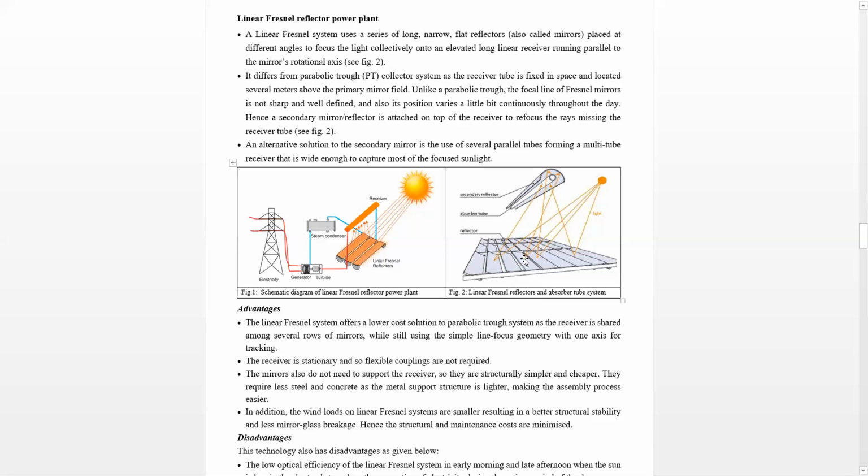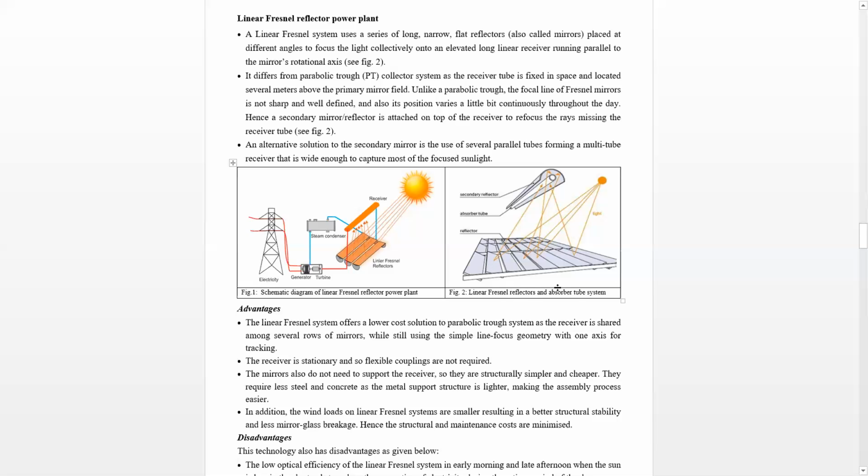Now if we follow the radiation reflected from this fourth reflector, it is going and striking on this surface, not on the tube. So that means all the radiation reflected from this reflector is not striking on the tube. Rather, it will strike on another line. That means for this fourth reflector, the focal line is different from the focal line of the second reflector.